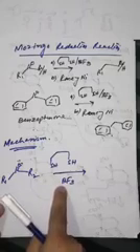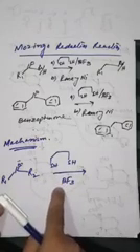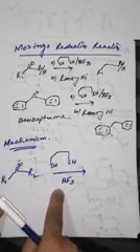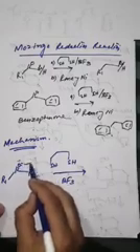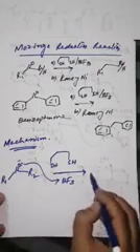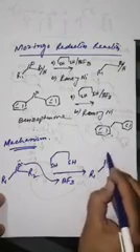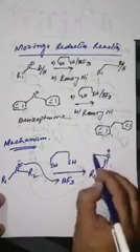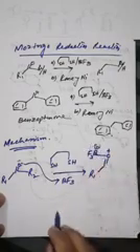This boron has an empty pocket. It has an unhybridized 2p-z orbital which is empty. It can accept a pair of electrons. So what happens? Oxygen gets a positive charge and this BF3 gets a negative charge.